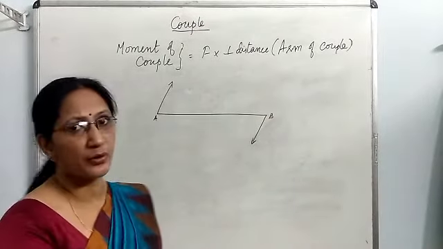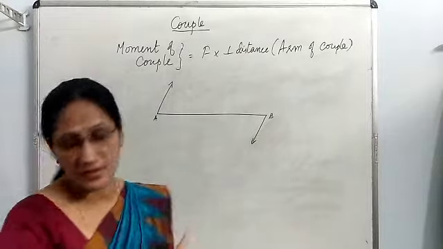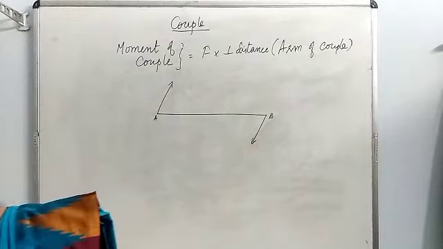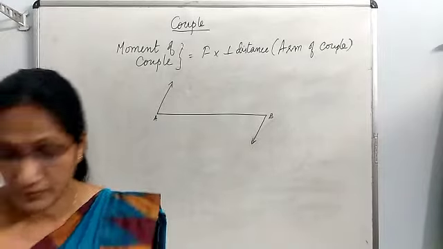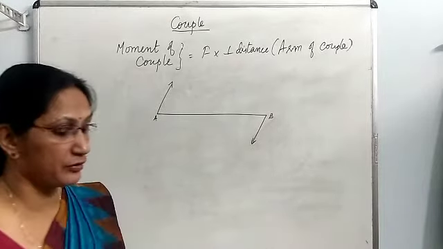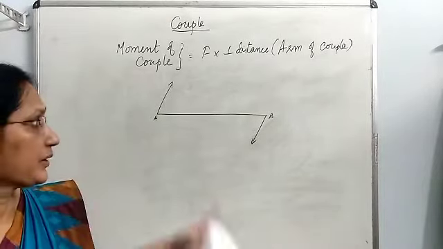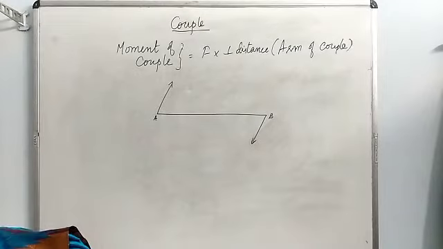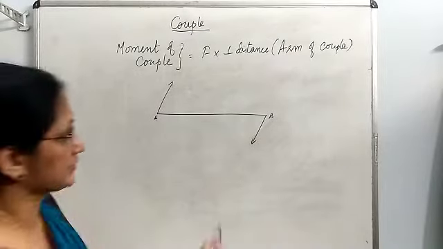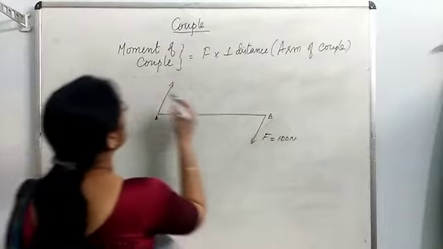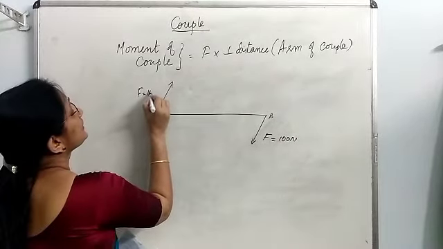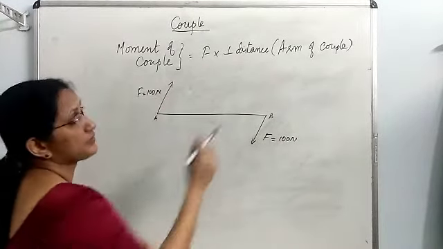Let us discuss one more numerical. This question is there in your textbook, page number 11, question number 4. I will read out the question. Calculate the moment of the couple in the given diagram. In this diagram, it is given that two forces of 100 Newton are acting at the two ends of the rod.